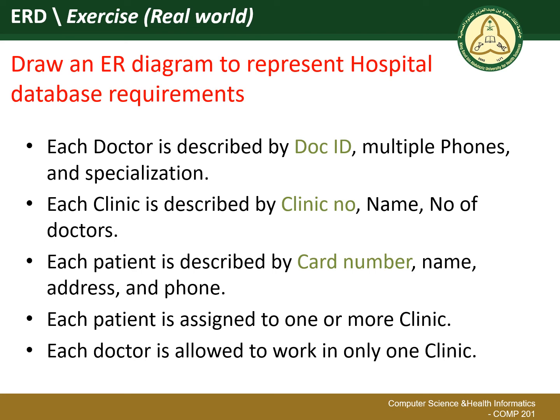Each clinic is described by clinic number, name, and number of doctors. Each patient is described by card number, name, address, and phone. And the relationships between the entities: each patient is assigned to one or more clinics, and each doctor is allowed to work in only one clinic.